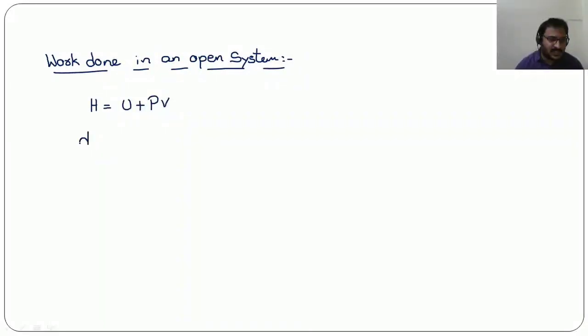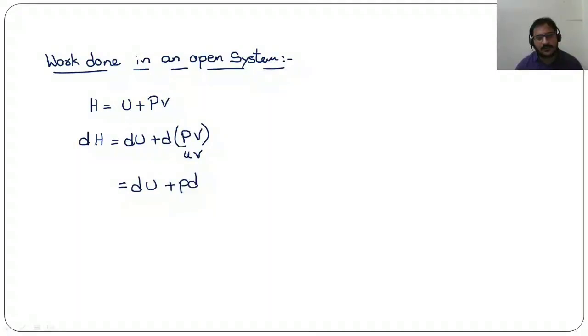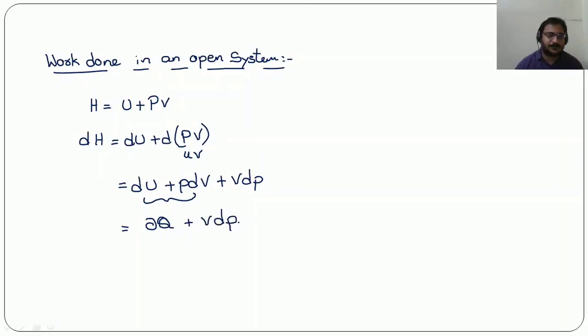If I differentiate this, dH will be equal to dU plus d of PV. Applying the UV rule, this becomes dU plus PdV plus VdP. From the first law of thermodynamics, dU plus PdV is heat transferred, dou Q. So we can write this as dou Q plus VdP.